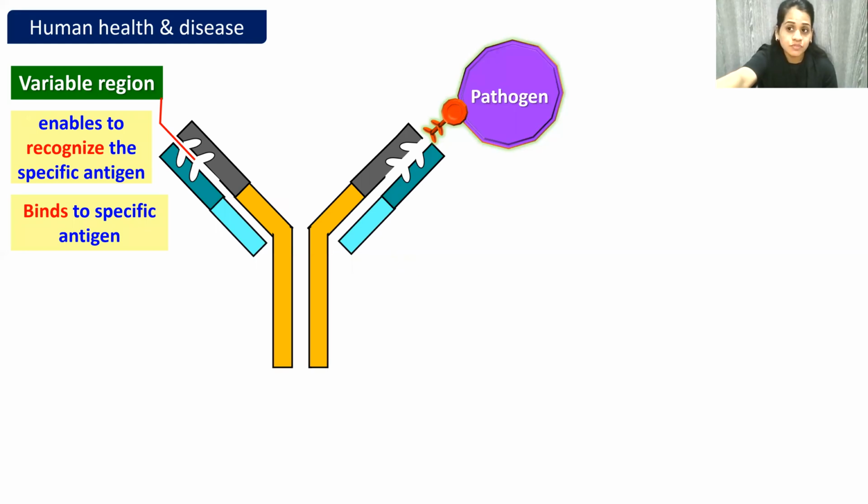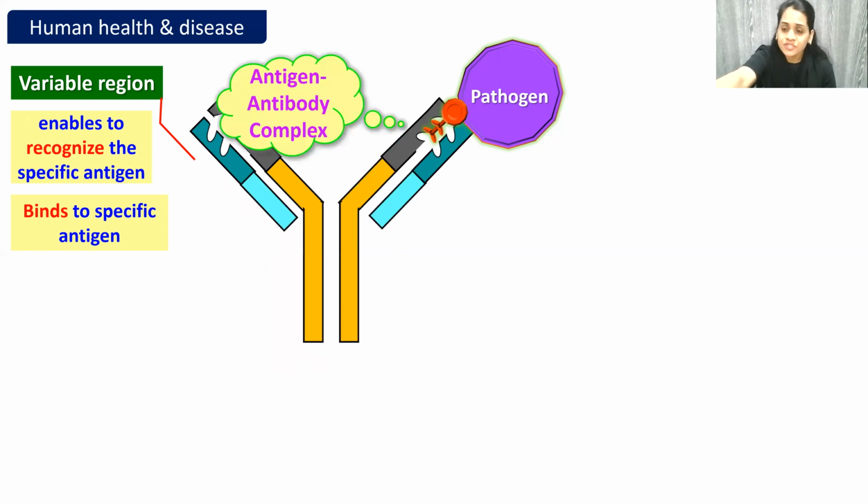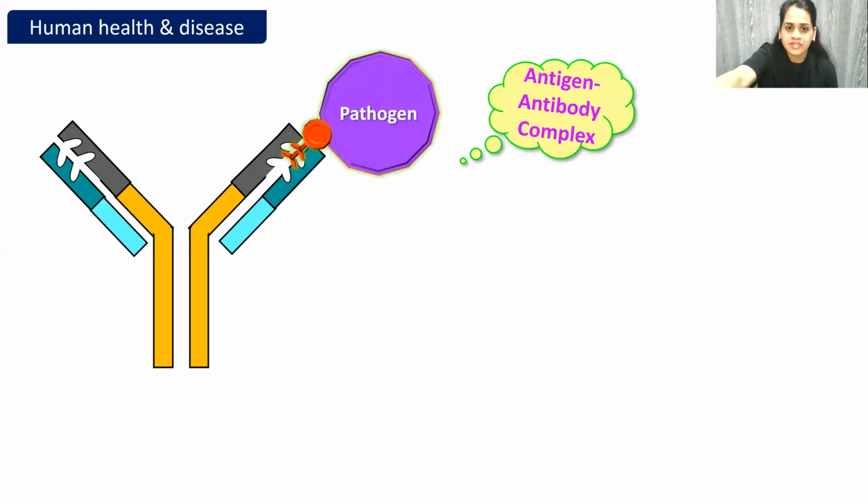So the antibody has come to know, okay, now the antigen has come here. So it is going to analyze that antigen and then finally it is going to bind to it. See, like this. Okay. And once it binds to the pathogen or antigen, it forms a complex which is called the antigen antibody complex. What is it called? Antigen antibody complex. See. So the antigen antibody complex is formed.